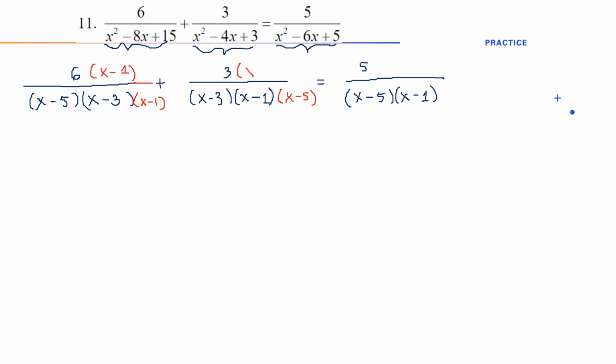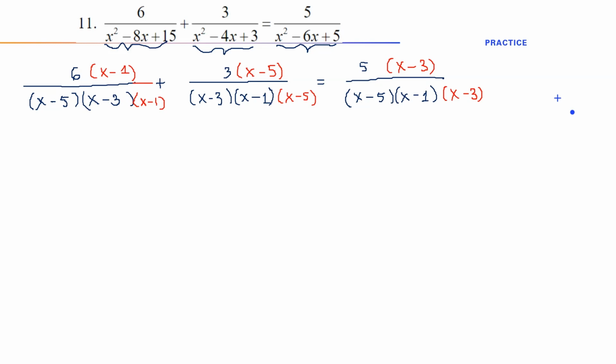Factor that, x minus 5. So on the right hand side, we're lacking x minus 3. So we do top and bottom. Now we see that now every denominator is the same.